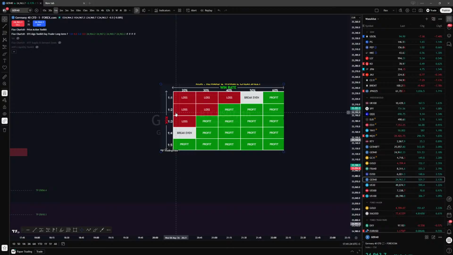If you can't manage your desire to take 1 to 5, 1 to 6 trades, try to do that, and you will see that most likely you will become profitable.